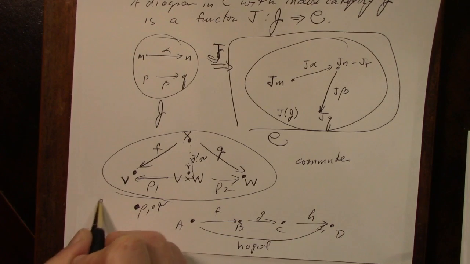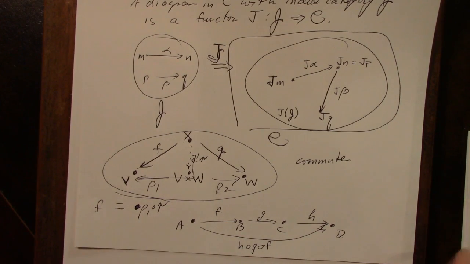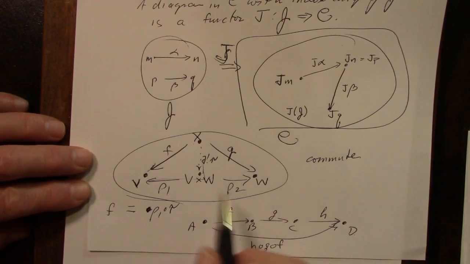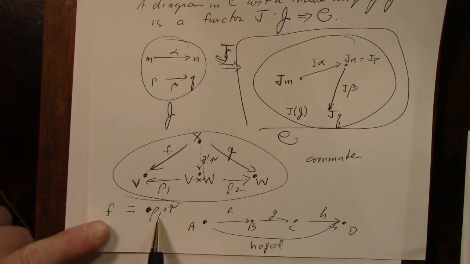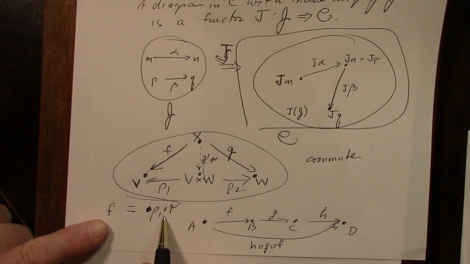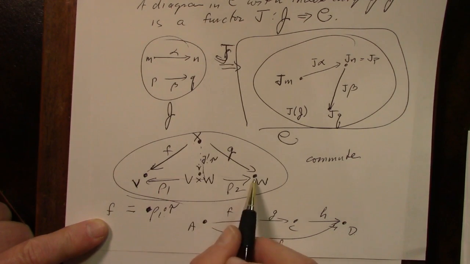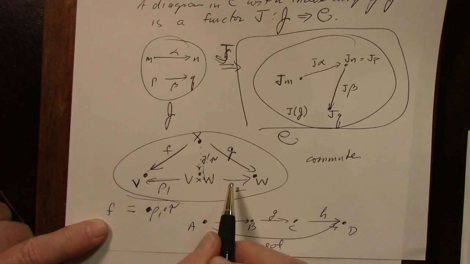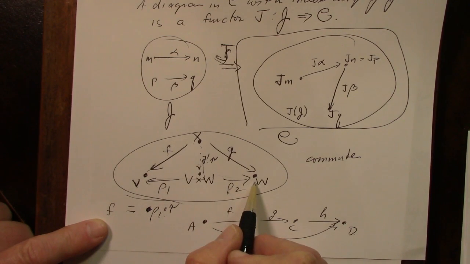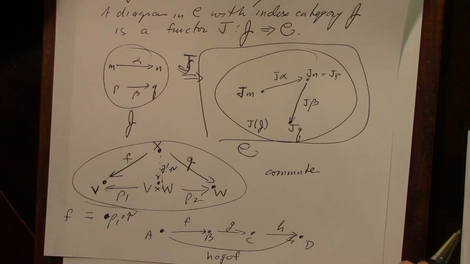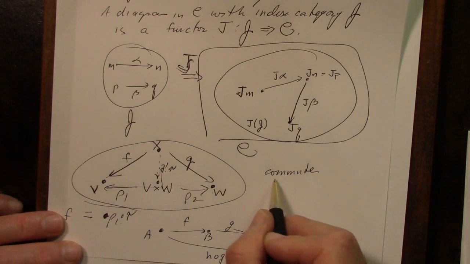And the other path is F. To say that this diagram commutes is to say that these two paths are labeled with the same morphism. And that has to be true for all pairs of objects and all pairs of paths between them. But there is one exception. It's a technical exception.